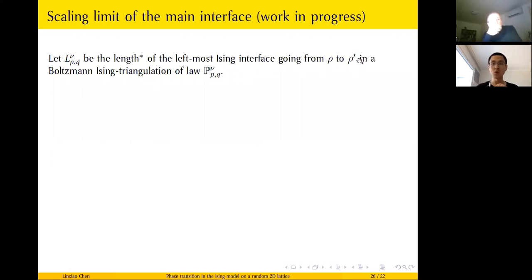rho to rho prime in a Boltzmann-Ising triangulation. Recall that rho and rho prime are the 2 points on the boundary of the Ising triangulation which separate the minus boundary from the plus boundary. So the boundary condition basically forces one macroscopic interface between these 2 points.